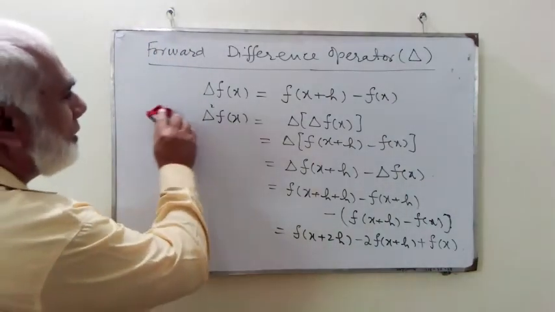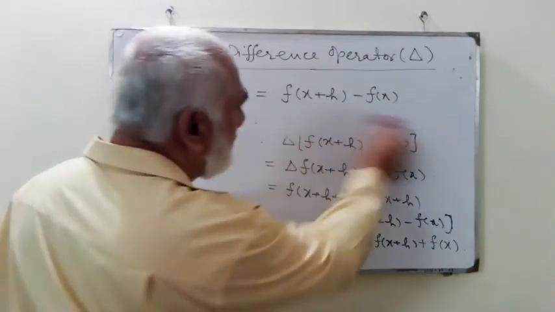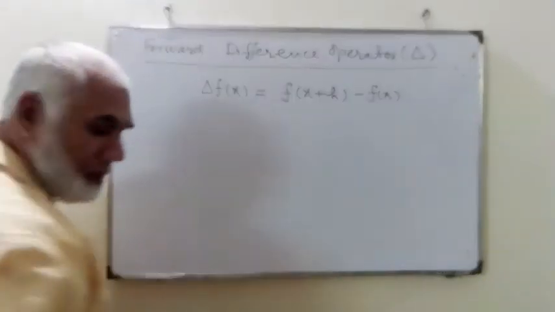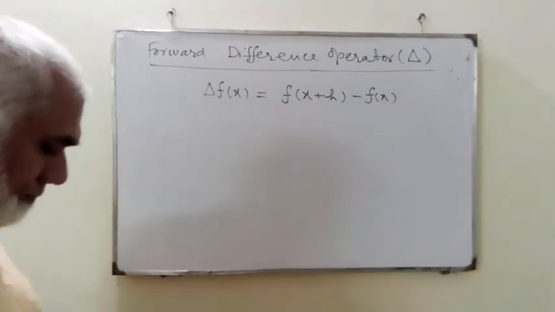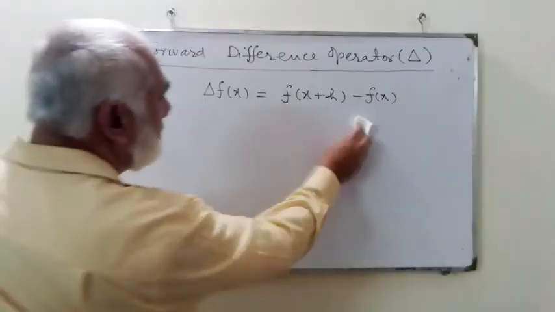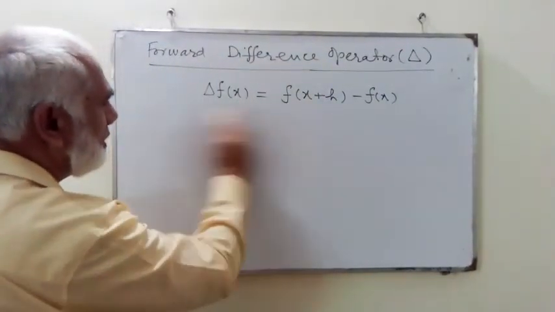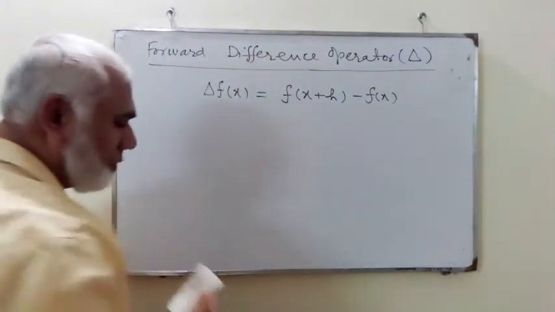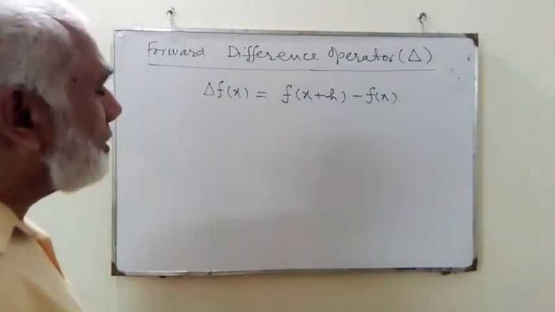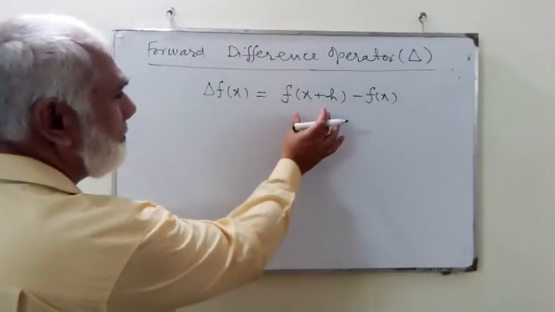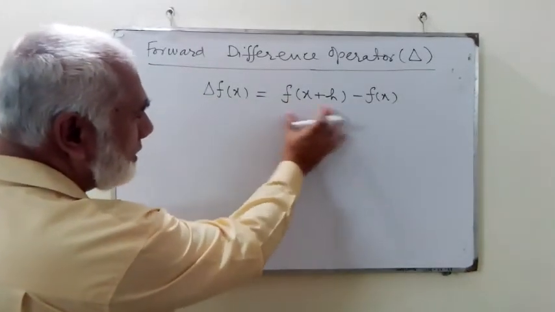Along with it, we are going to develop a relation between the shift operator and the forward difference operator. So the next step is to create a relation between the forward difference operator and the shift operator. Here I am using the same definition.